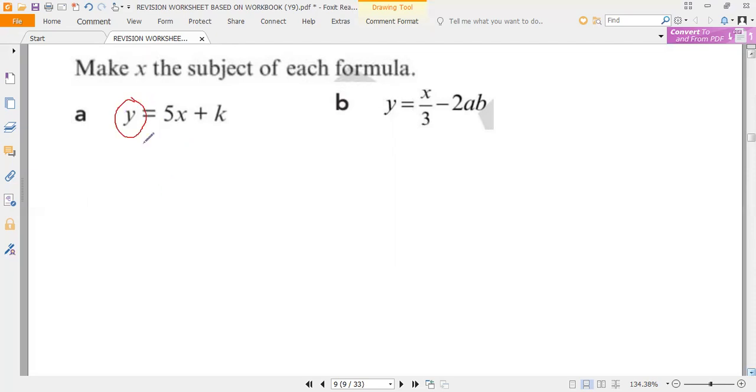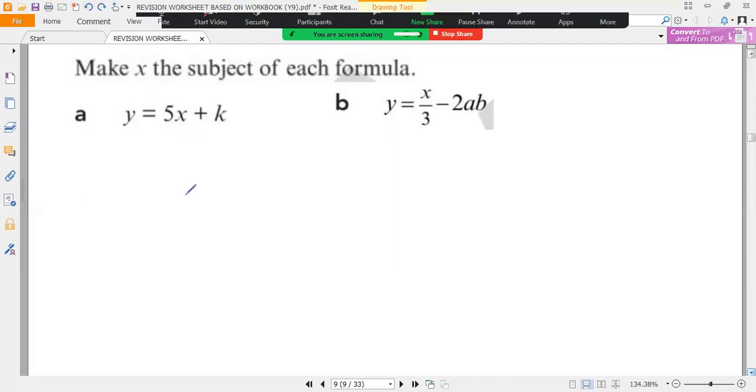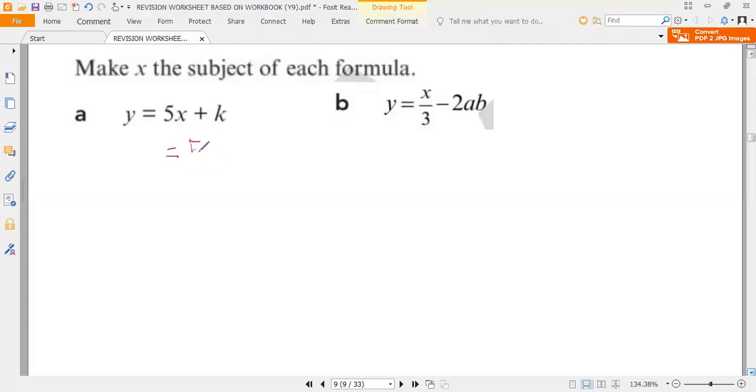So Y is the current subject. The new subject will be the letter X. So you are required to maintain the letter X in that place first. The rest of the things, you move to the opposite side. So equal to 5x. 5x will remain there first. Do not simply move it. Y is already there. Bring k to the opposite side now. So y minus k, because earlier it was a plus k. Now we make it a minus k.